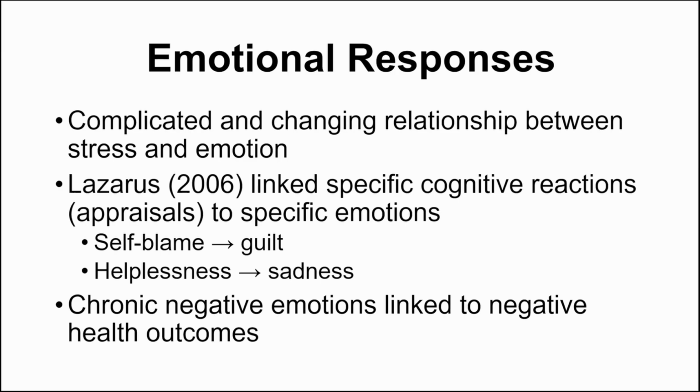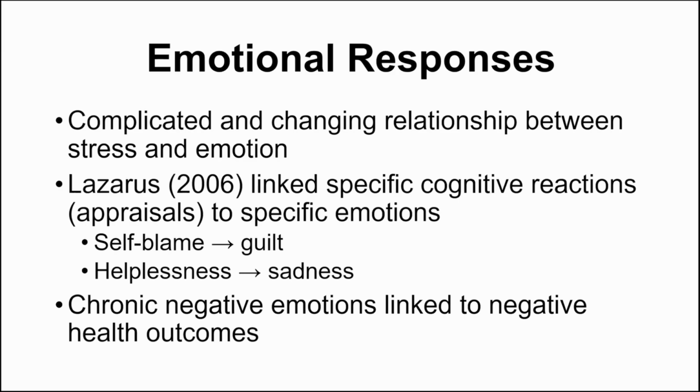Oftentimes we see that when people are faced with stressors, they might be apprehensive or fearful or anxious. But we can also see things like frustration and anger, or we could get into something a little bit more, say, giving up, getting into dejection and sadness and grief.